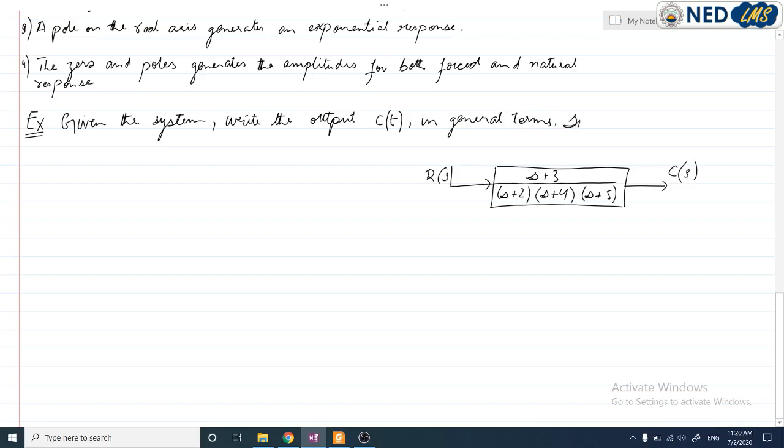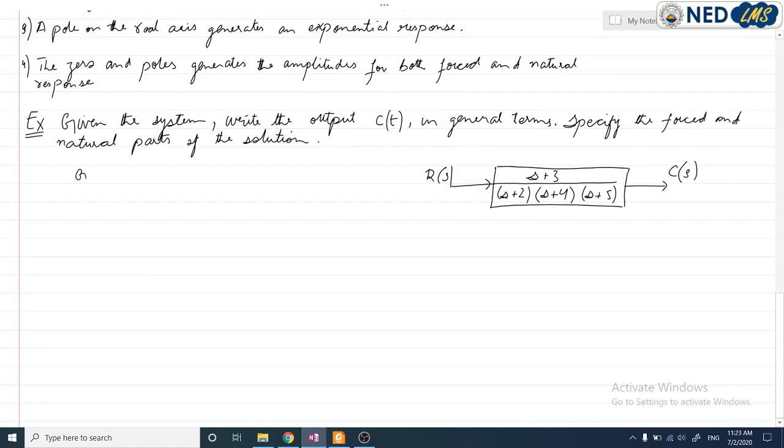Also we have to specify the forced and natural parts of the solution. In this question we have to write the output in general terms.